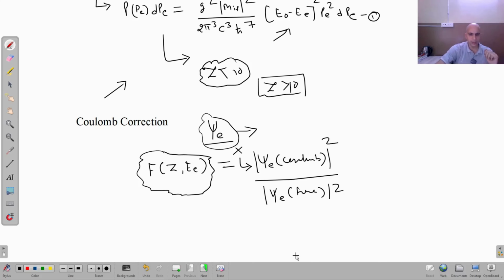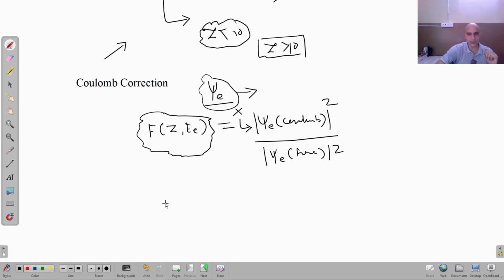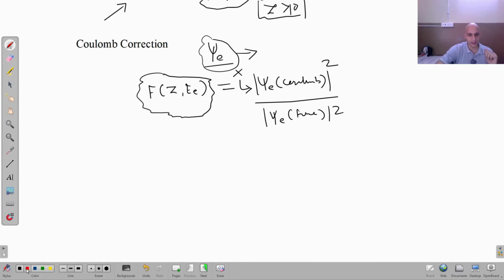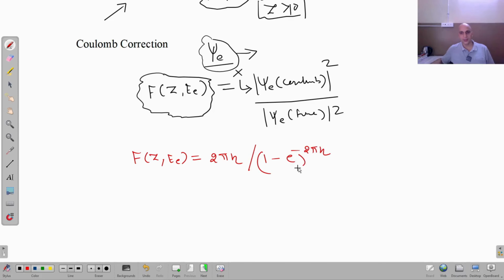When we take this into consideration and calculate this factor, it is found that F(Z, E_e) = 2πη / (1 − e^(−2πη)). This is the value of this factor as calculated using different quantum mechanical results.